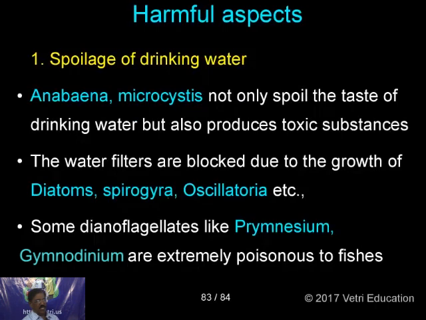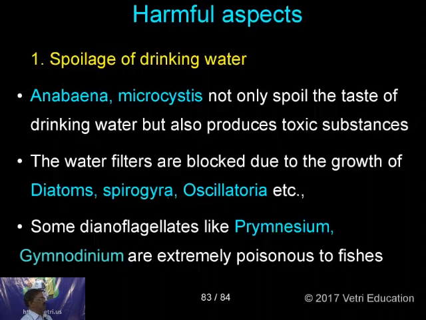So far we discussed the beneficial aspects of algae in different ways, and finally we will see the harmful aspects of algae. The first one is the spoilage of drinking water.